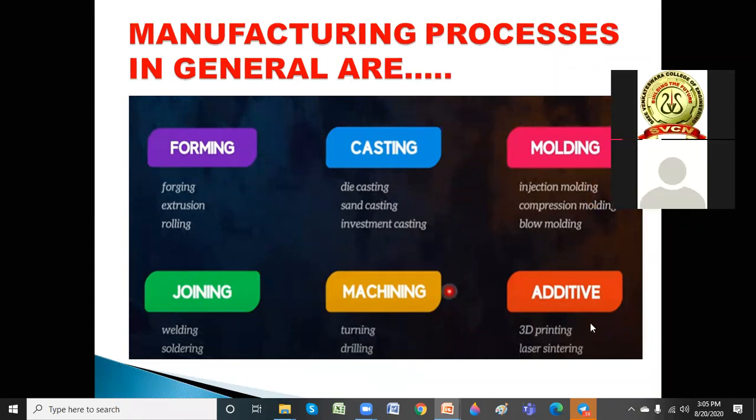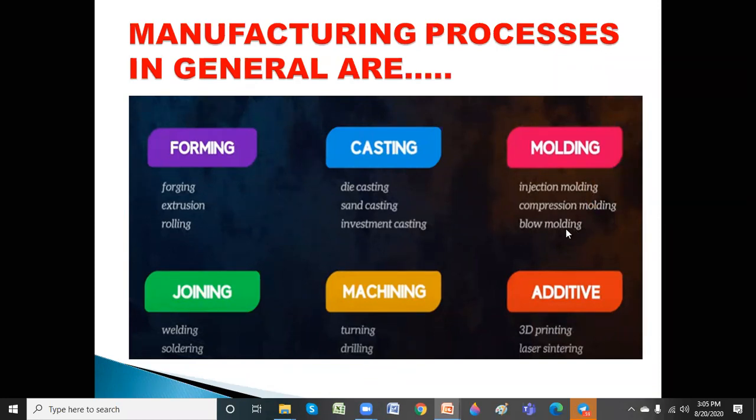Joining: welding, soldering, brazing, etc. Machining: turning, drilling, honing, broaching, planing, shaping. Additive manufacturing is a new type of machining process, a modern manufacturing process. Now I'll stop this lecture here.